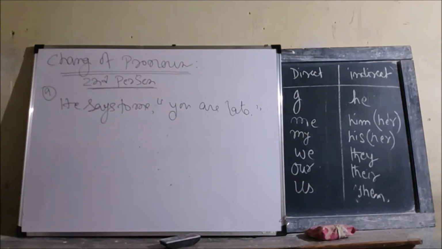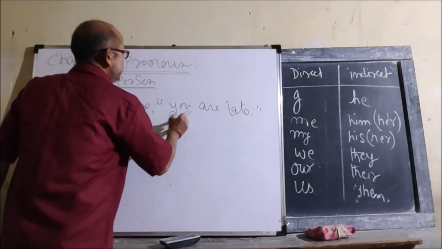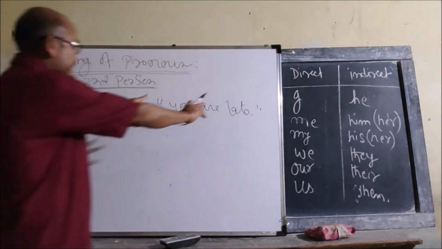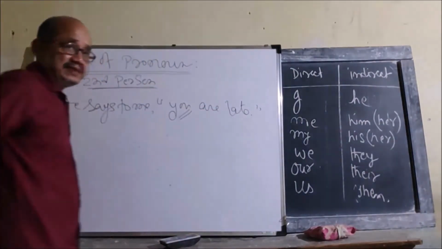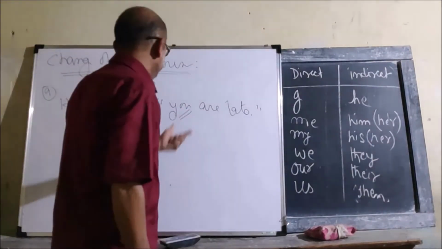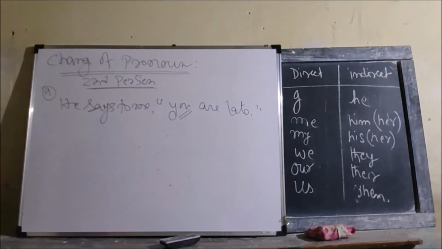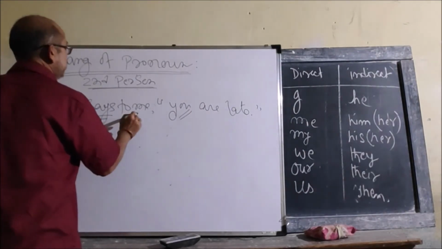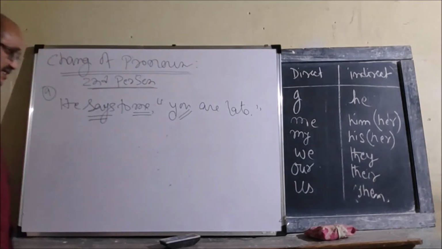Here you see, this is the you, it is the second person pronoun, which is in the inverted comma statement, that is, the reporting speech. The second person pronoun in the reporting speech always refers to the object of the reporting verb. Here is the reporting verb, "says", and its object is me.